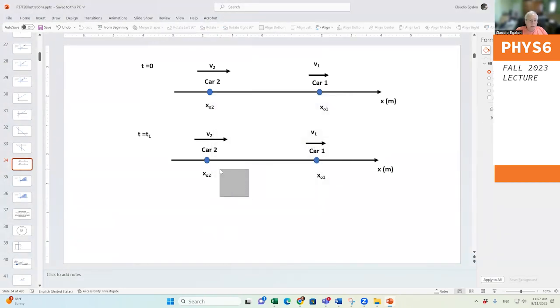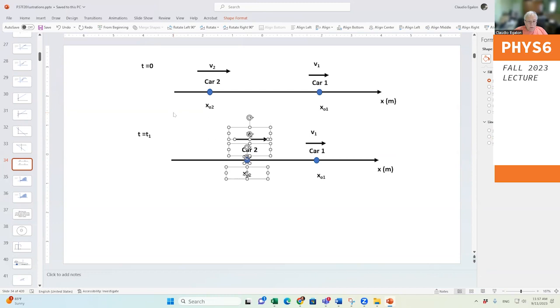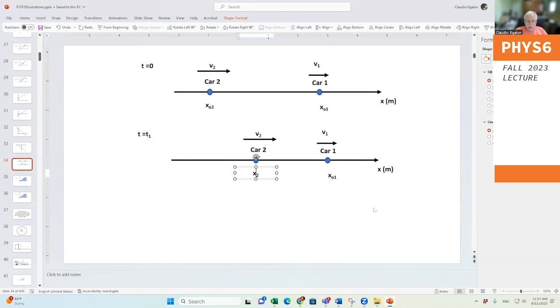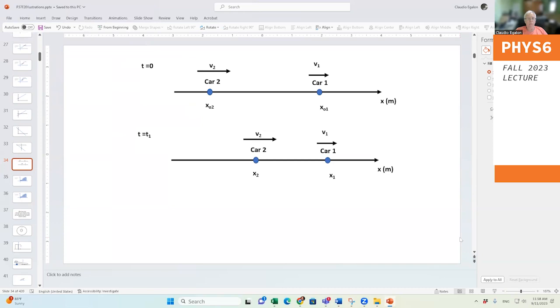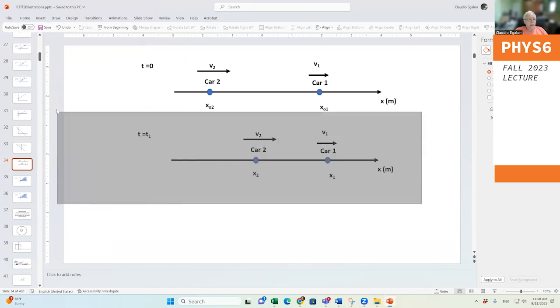Car 2 has moved a little bit further down, and car 1 has moved further down, but not as much. And it's no longer X02, now it's X2. And it's no longer X01, now it's X1. That's T equal to T1.